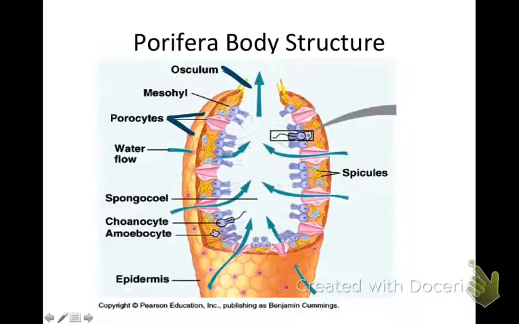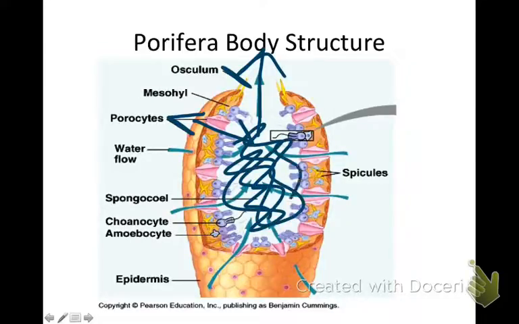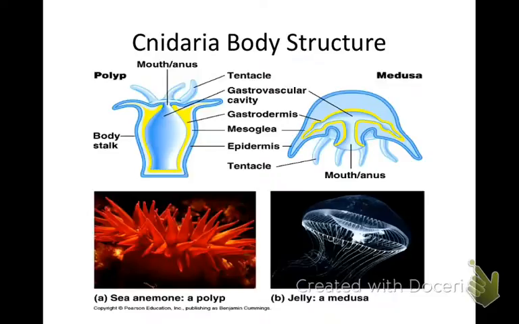And remember that osculum is where that water is going to exit. So it'll enter through all of these pores and then it will all leave out here. The water will come in, they will circulate and separate out their food, and then send the water out, but keep the food.